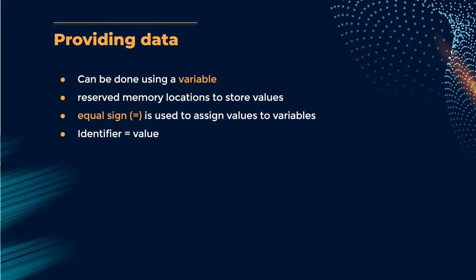Similarly, when a value is stored in a memory location or a variable, we need some identifier, some name for that memory location to identify that value. That is why we use the identifier on the left side of the equal sign, and we use the value to be assigned to that name, to that identifier, on the right side of the equal sign.